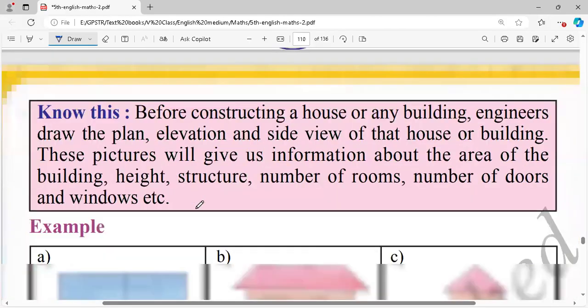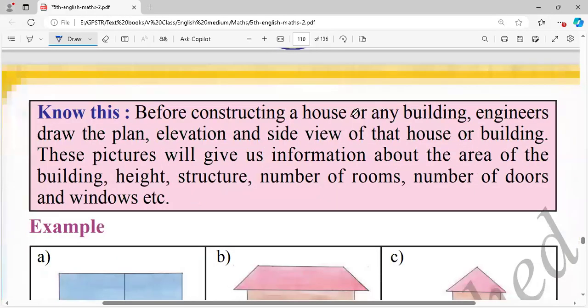Okay. Now, before constructing a house or any building, an engineer draws the plan, elevation and side view of that house or building.